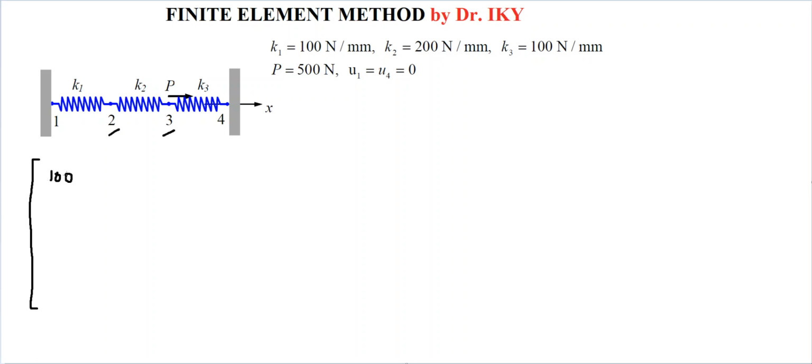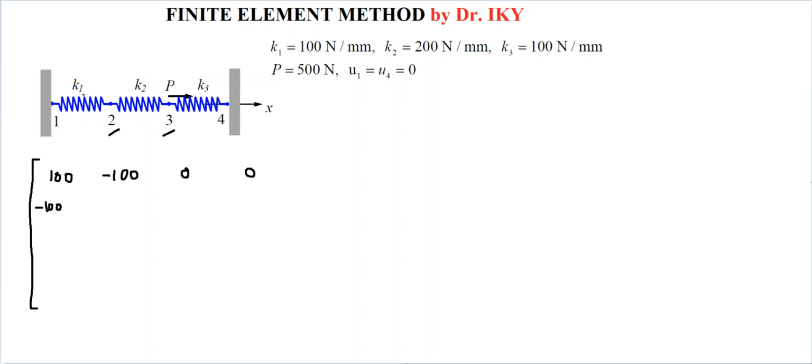You have got 100, and then for the second one, minus 100, right? Is there any connection of the second or third element, or third or fourth node, with node 1? No. For node 3, 0. For node 4, 0 again.